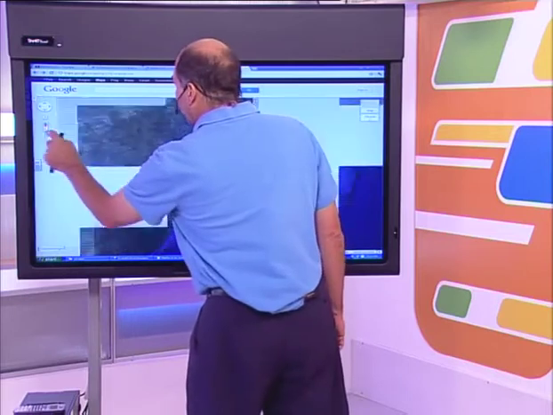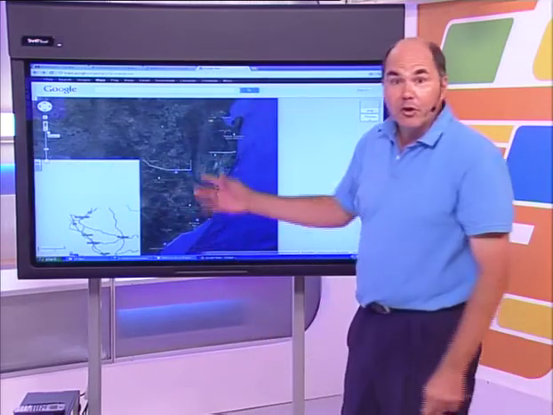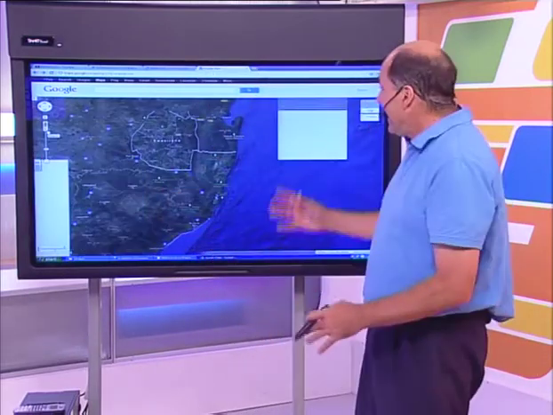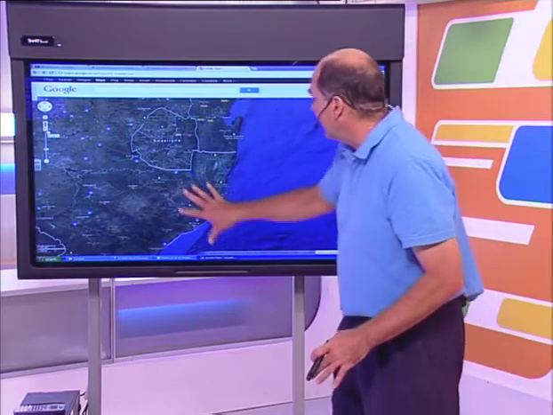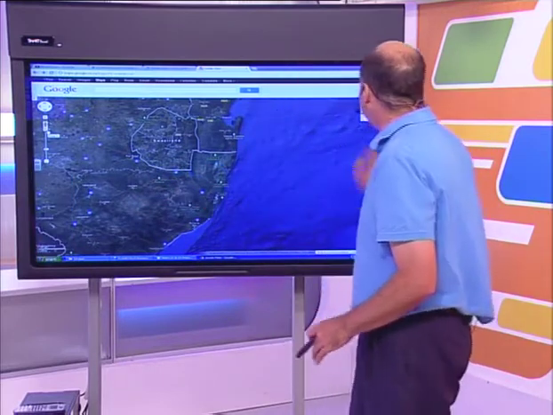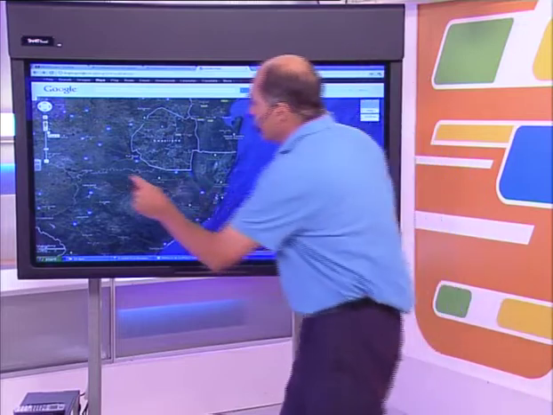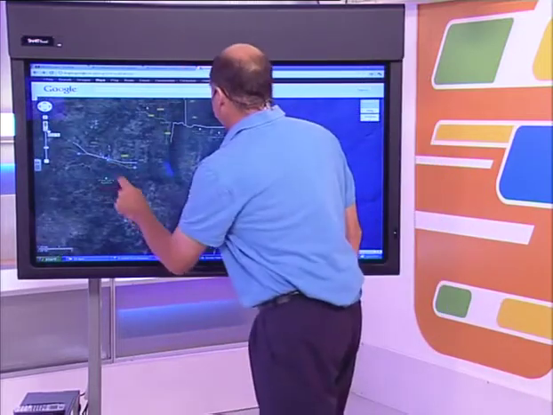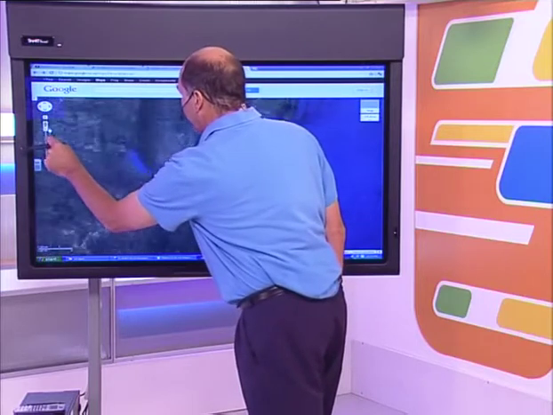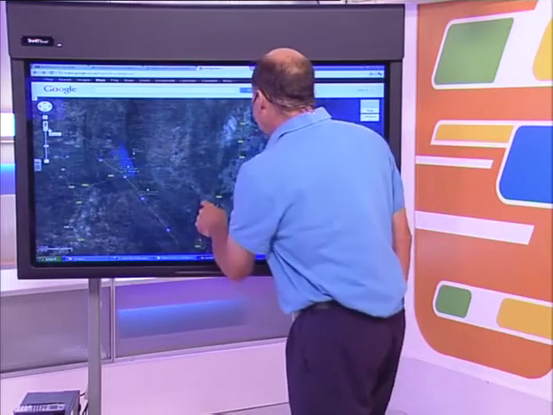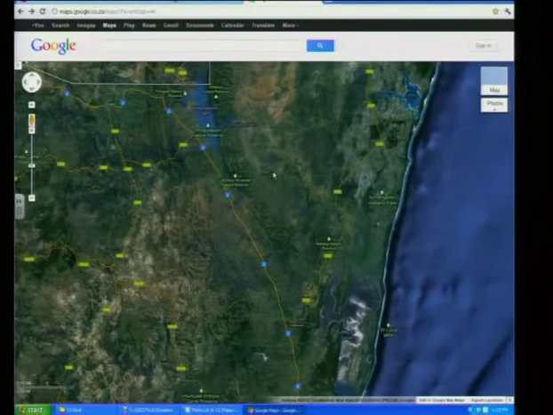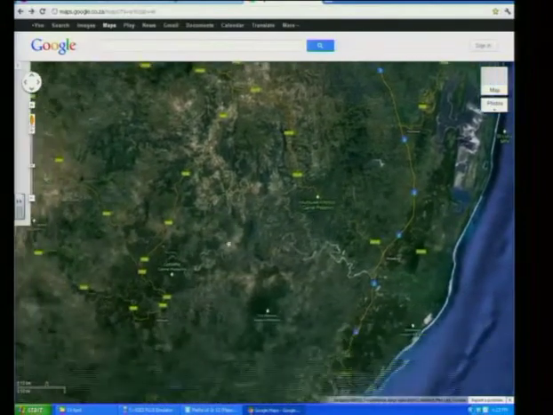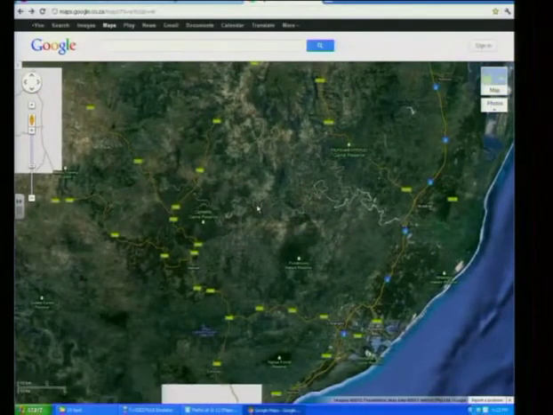So, guys, this is one of the Google features. It's showing you the satellite view with the map overlaid, and we can change the view just now. We'll have a look at that. But what's really interesting, and that's the point I'm going to get to in a minute, is that as I'm zooming in, I'm starting to see some stuff that's far away.